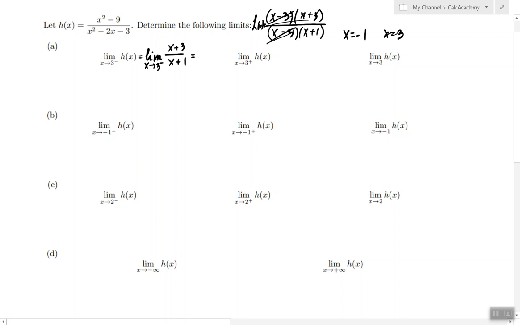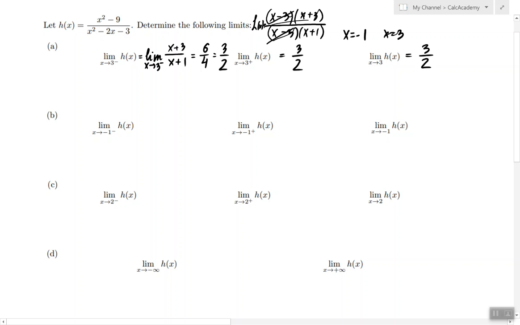So once that factor of x minus 3 is removed, the limit is simply equal to the value of the function at the point. So in this case it's going to be 6/4 or 3/2. The same limit will apply for both sides.